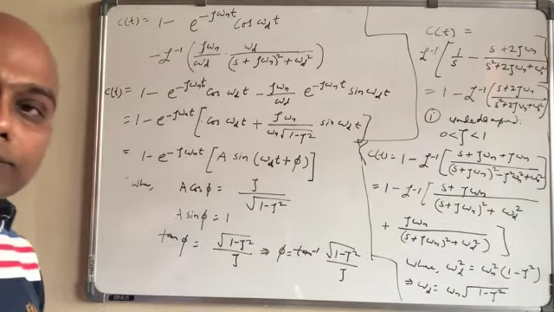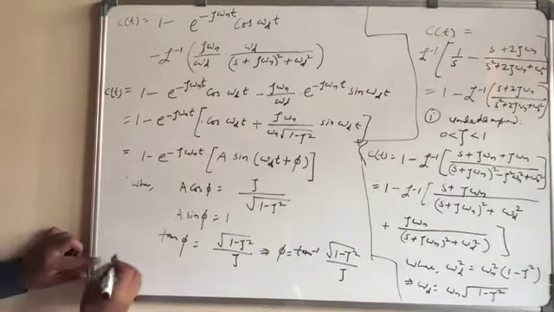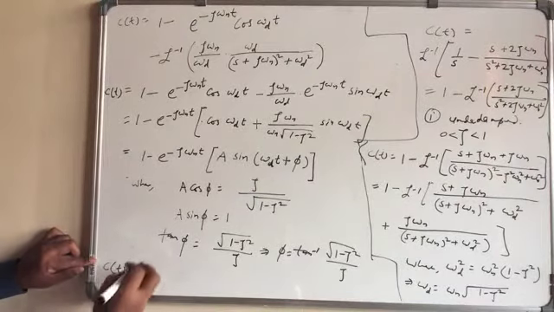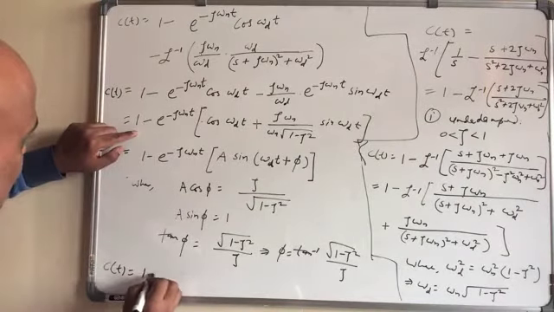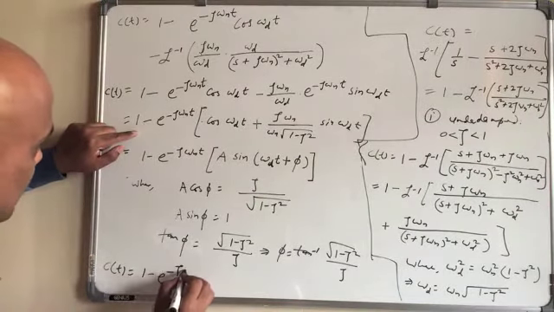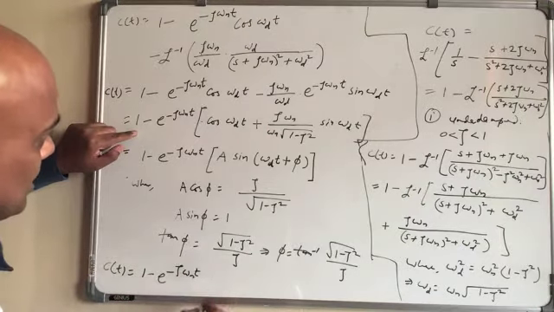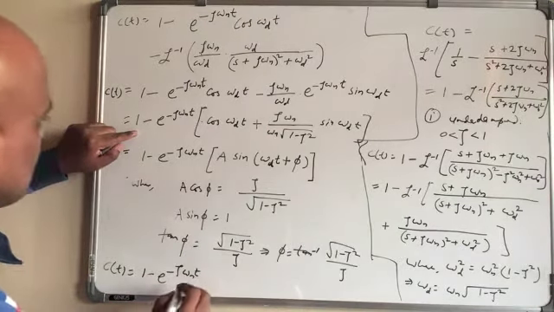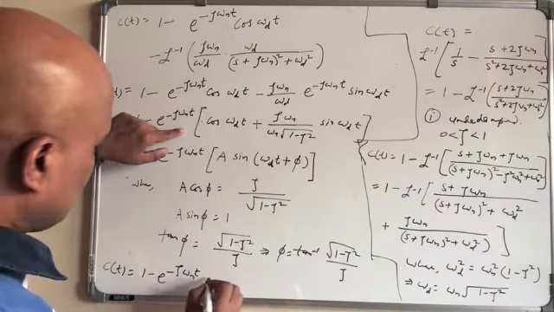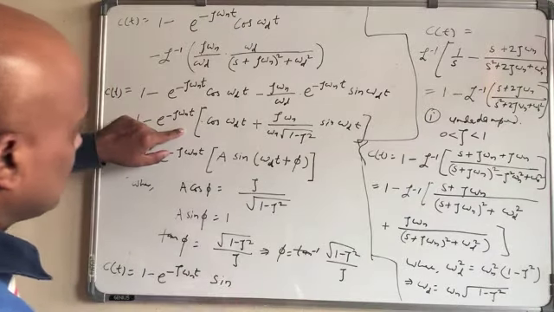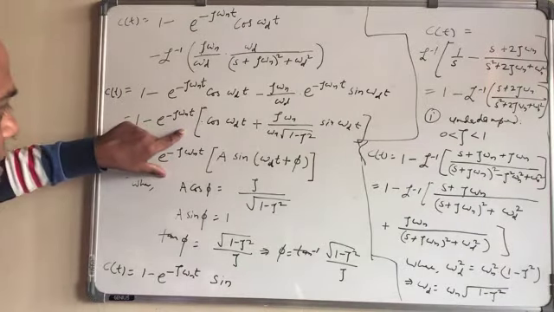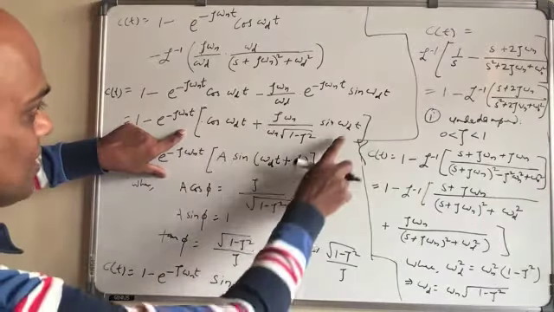Okay, so in final form we can write C(t) is equal to 1 minus e to the power minus zeta omega n t, with that sine omega d t plus tan inverse.